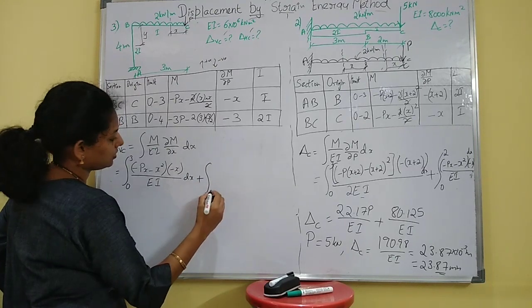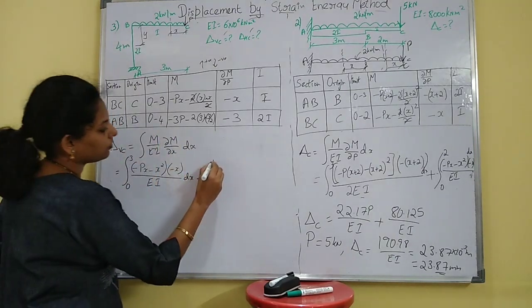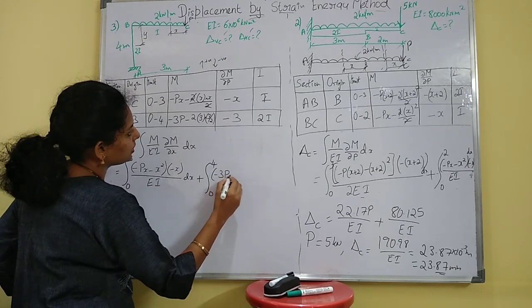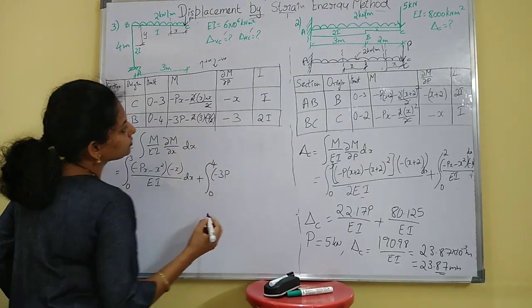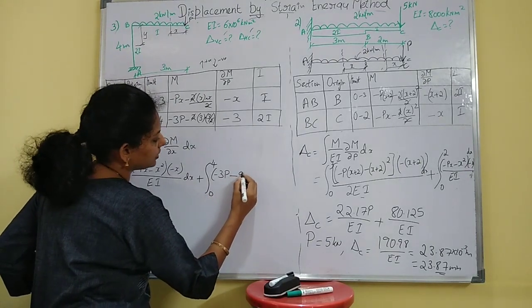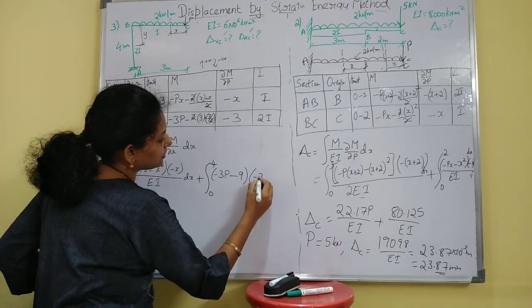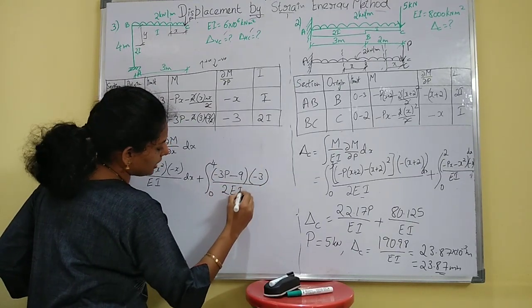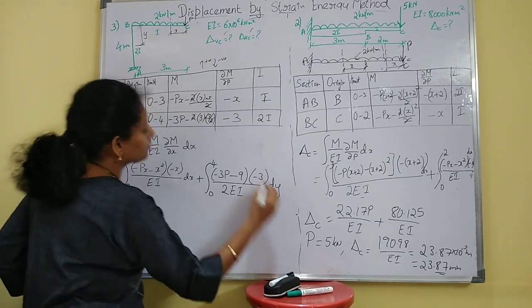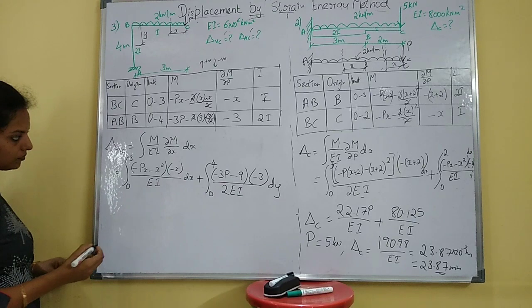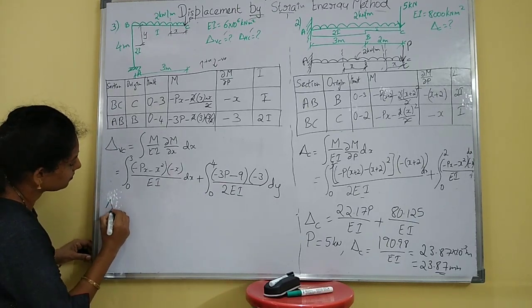Plus 0 to 4 for this member, you will have minus 3P, minus 9, into minus 3, divided by 2EI, dy. Here it is section y. Just simplify.